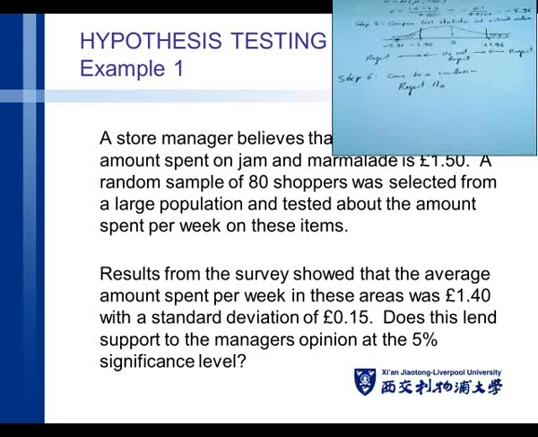It says basically that based on this sample, it is unlikely that customers that come into the store are spending £1.50. Actually, it seems like they're spending an amount smaller than that. Questions about this?